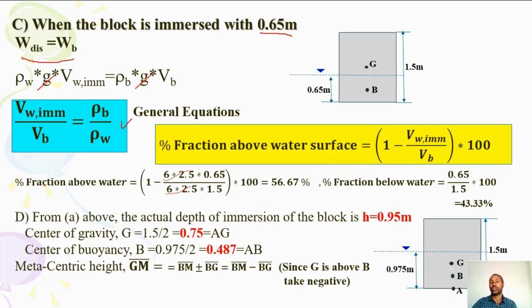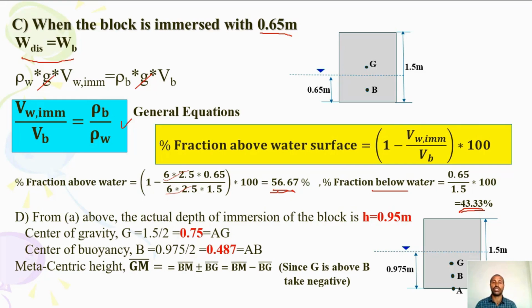The percentage of fraction above water will be 56.67, and the percentage of fraction below the water surface can be computed. So total, which is 0.65 divided by 1.5, which is 43.33.